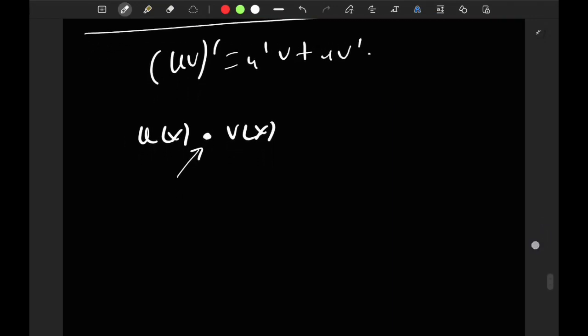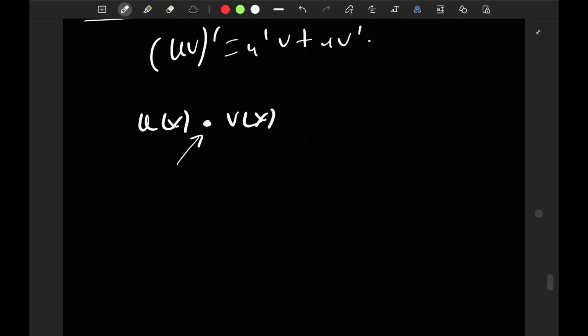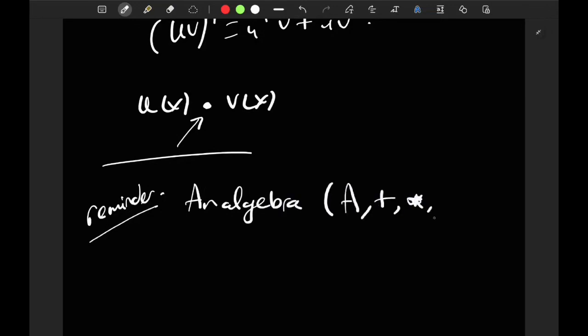But remember that when we're in an algebra, we have multiplication. An algebra is defined by the multiplication. So as a reminder, something we talked about before: an algebra is some A with an addition, a scalar action, and a multiplication of vectors.